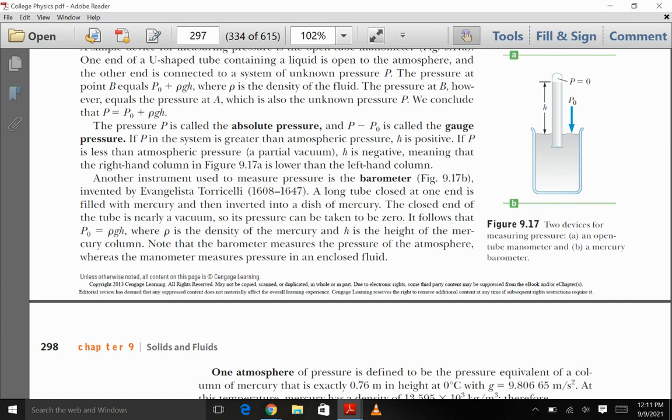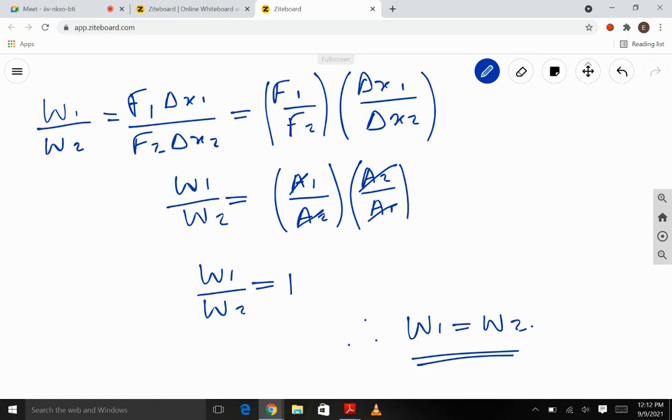So if our absolute pressure is zero, it means that the pressure that this system is going to have, all of it is going to be what? All of it is going to be atmospheric pressure. So remember, maybe let me just write this so that we can appreciate it.